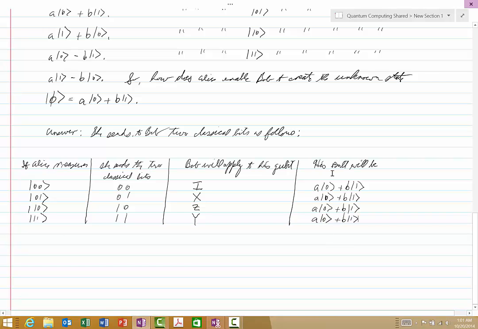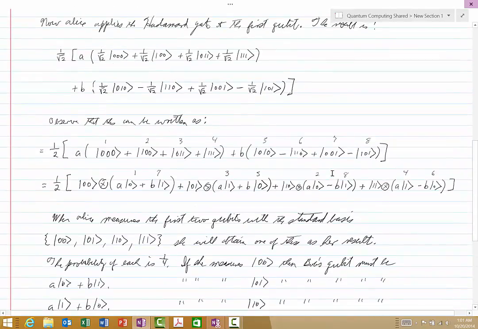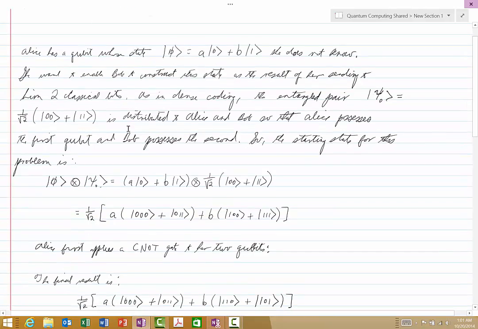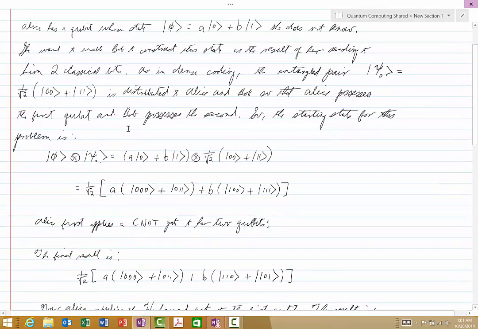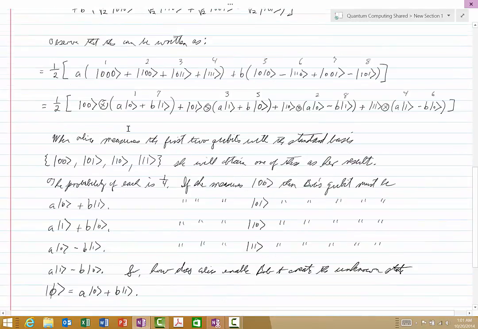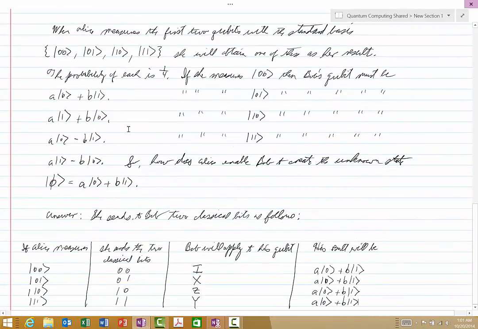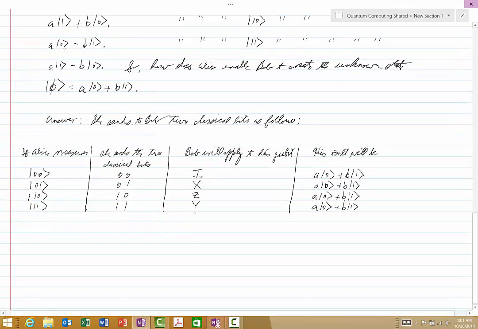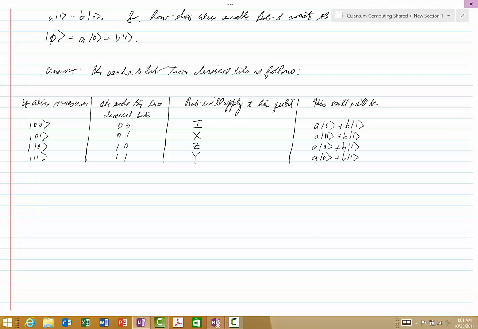And so that is quantum teleportation, because the unknown state phi, which originally belonged to Alice, has, as a result of her doing some transformations and then sending two classical bits, been recreated by Bob, as we can see here. And so that's quantum teleportation. And now the problem, well, let's discuss the problems.